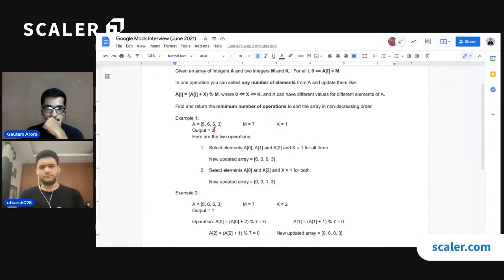Okay, I need to find the minimum number of operations. First, can we find the maximum number of operations required to sort this array? And minimum.